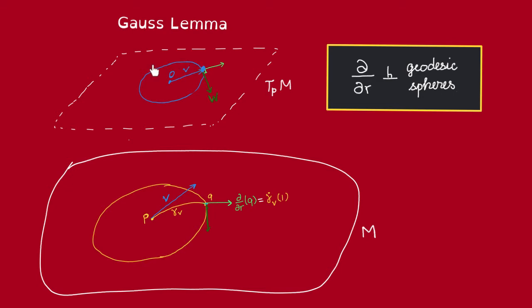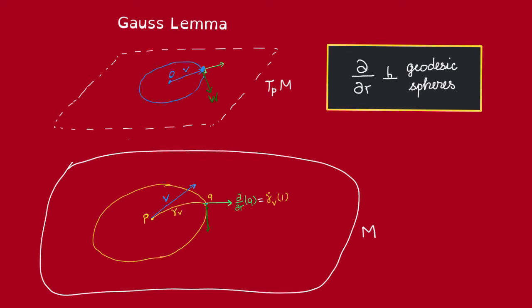And so we can look at the circle centered at the origin going through this point in this tangent space. Now the image of that is going to be a geodesic sphere centered at P and going through Q. Sorry, I shouldn't have said circle here. I drew this as a circle, but in general this is a boundary sphere of this disk.